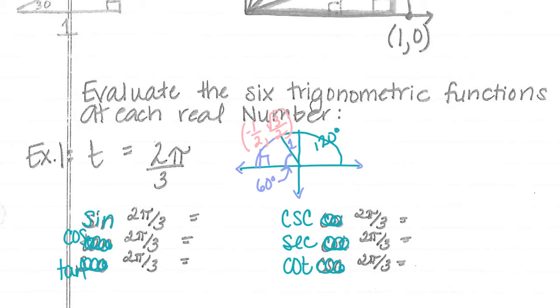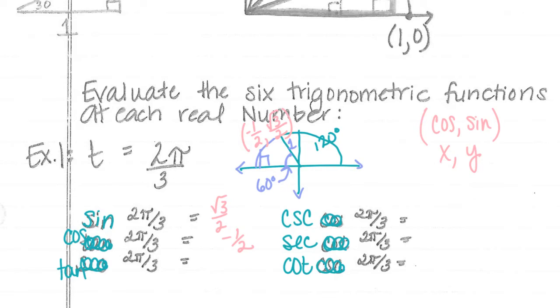This is what we've talked about in class. I also know that it is cosine, sine, meaning the cosine is the x, the sine is the y. So I always start with sine. Sine is root 3 over 2. The cosine is the x, negative 1/2.